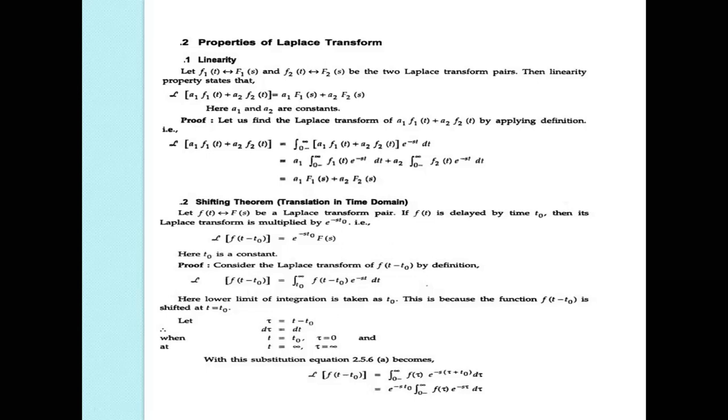You have to prove them the same way, using the definition of the Laplace transformation, as we did for the Fourier transformation and the Fourier series. Linearity property, time shift property, frequency shift property, differentiation property, convolution property, modulation property, integration property, Parseval's theorem.